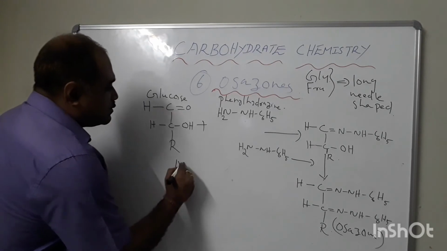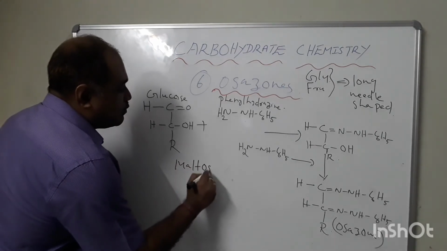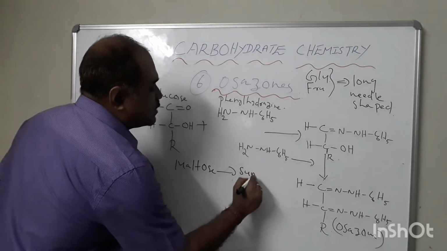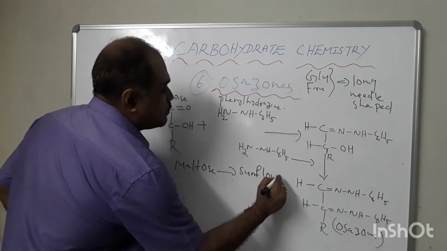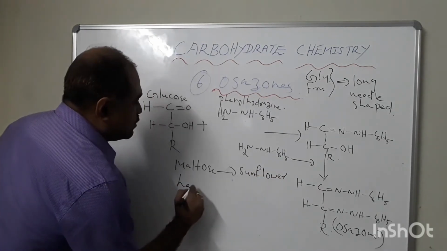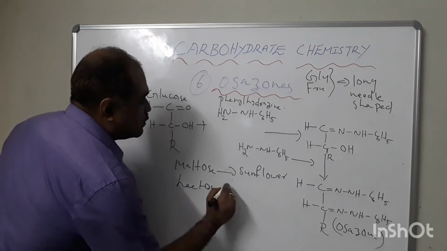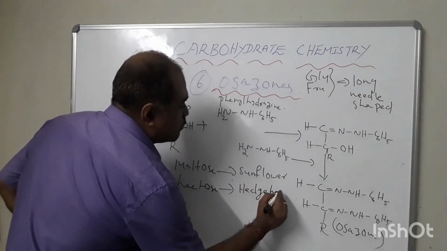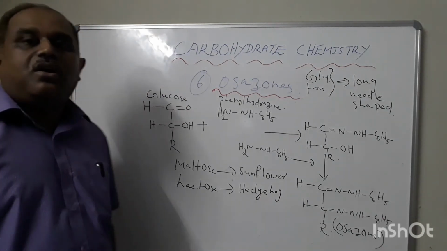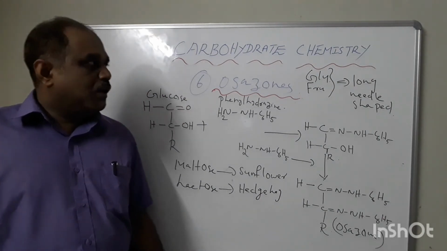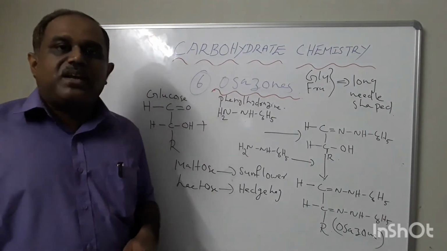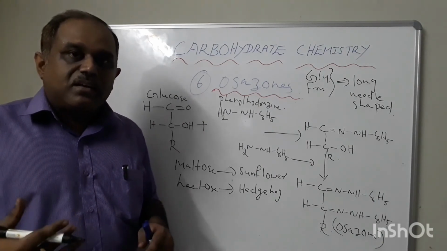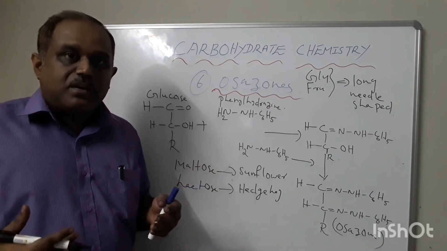Maltose gives sunflower shaped osazone crystals, and lactose gives hedgehog shaped osazone crystals. All these osazones I will explain again when I take the practical aspects of carbohydrates.